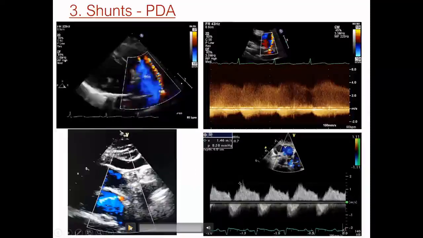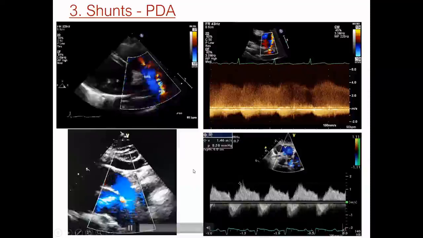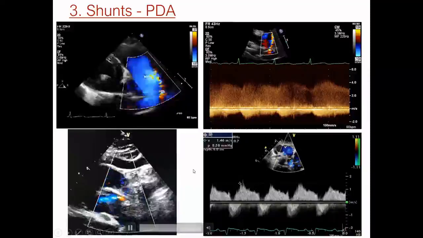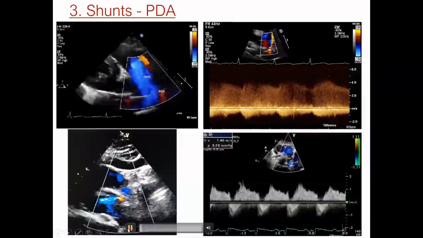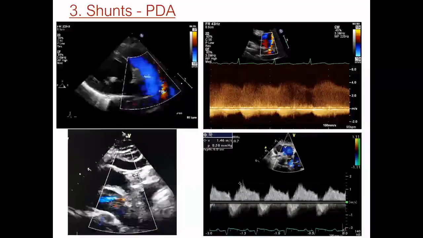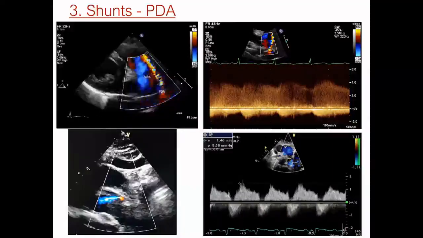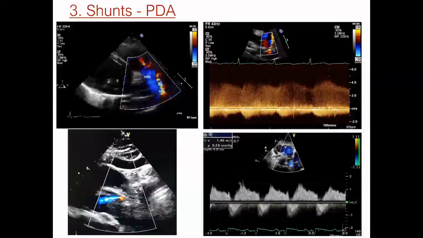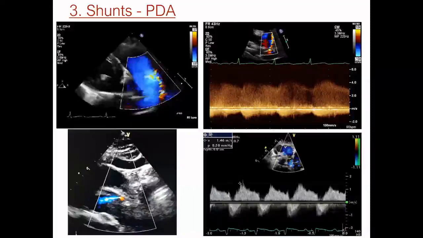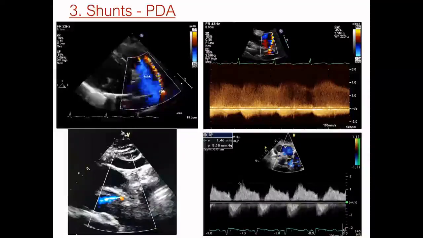This is another example. This is in the suprasternal view. However, this is actually a modified suprasternal view called the ductal view, which is when we put the probe in the suprasternal view and then move it slightly inferior and left lateral on the patient towards the first intercostal space.